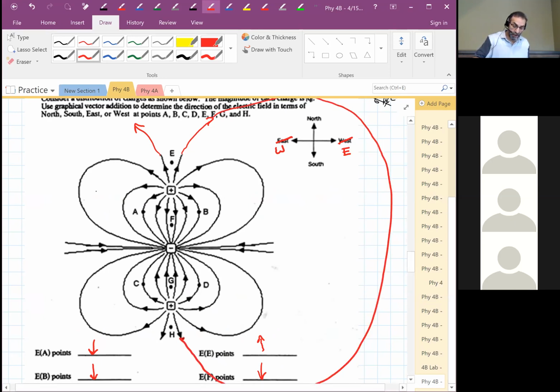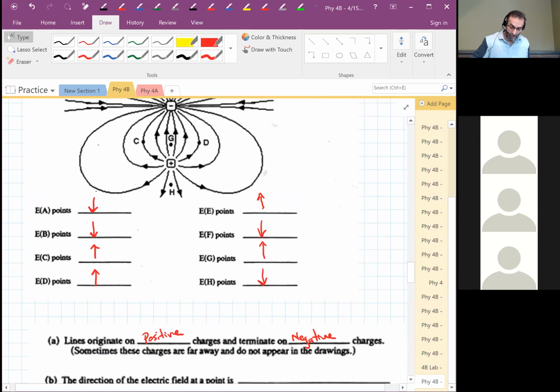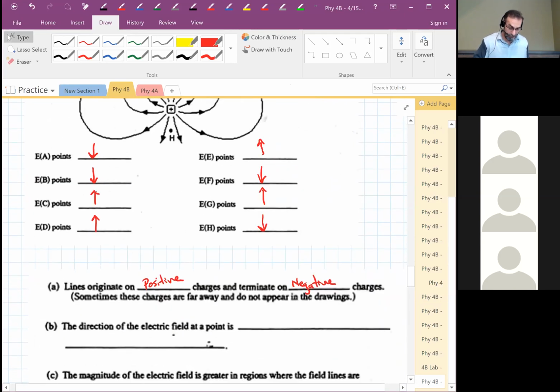No, those are going the same direction. That's not happening. Oh, it's coming in over here, right? Maybe this was looping way out and then coming back there, something like that. So oftentimes in our drawings, there are lines that don't originate or terminate because far away there's a charge somewhere that those lines are coming from or terminating on. Okay.